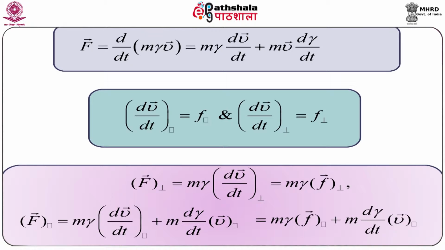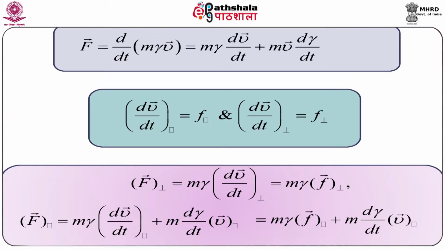Thus, the force in relativistic mechanics is given by F vector equal to d/dt of linear momentum, that is d/dt of m into gamma into v vector. Now, we take the derivative. Here we consider m gamma as one variable and v as another variable.